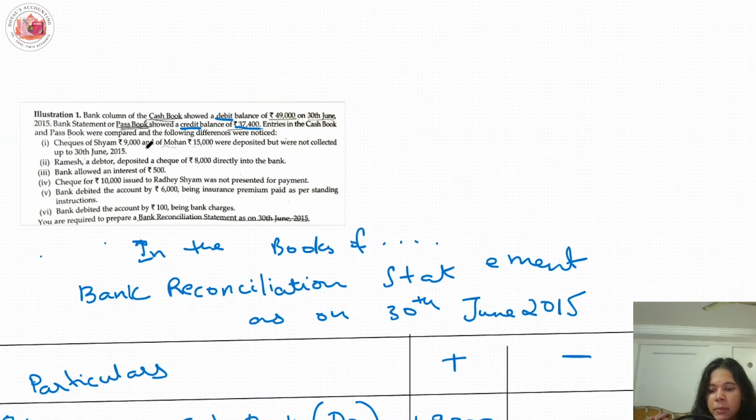Checks from Sham 9,000 and Mohan 15,000 were deposited but not collected up to 30th June 2015. Okay. These checks were deposited but were not collected. So what does that mean?